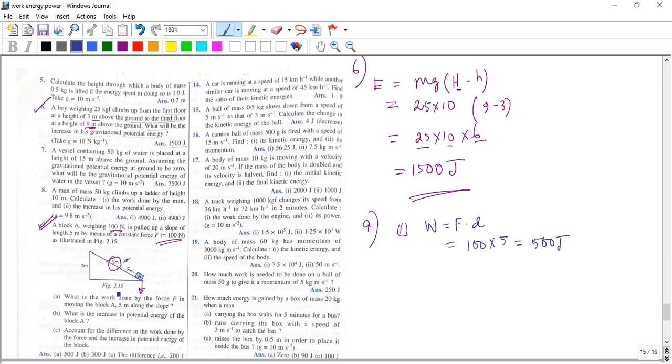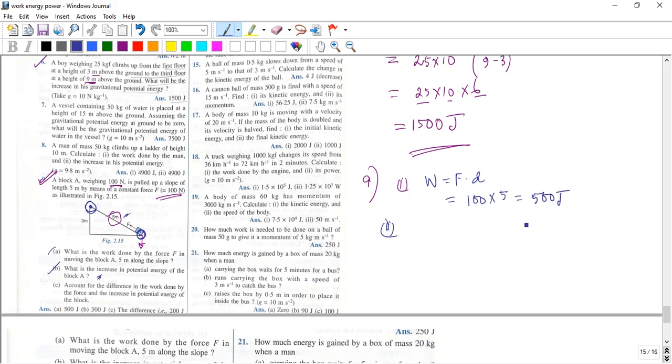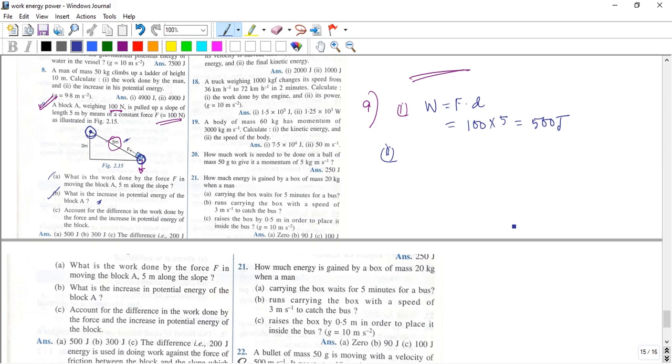Next, on the slope, what is the increased potential energy of block A? Increased potential energy: suppose here the height is 0, so that is 0 potential energy.